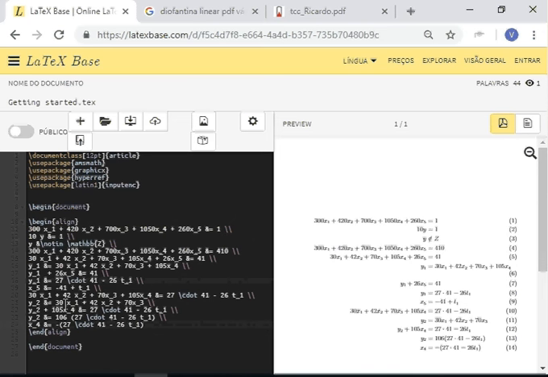Here, 27 minus 1 is a solution, but 1 and 0 is another solution. 41 minus 0 equals 41.